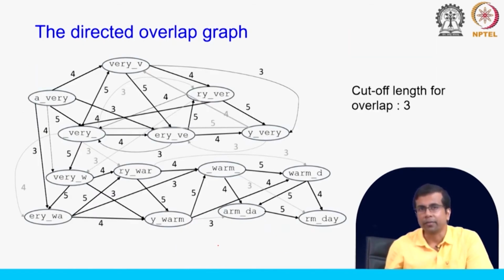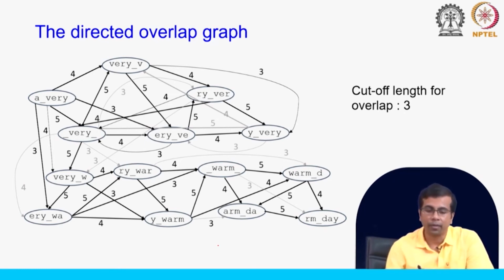We will now illustrate this with the directed overlap graph for the same example. As you can see, this is quite a complex graph. Again, try yourself, only then will you understand how we can add these edges. The different colors do not mean anything, they are just colored in different ways for better visualization, because there are so many edges going from one node to another. Again we follow the same principles that we have just discussed.